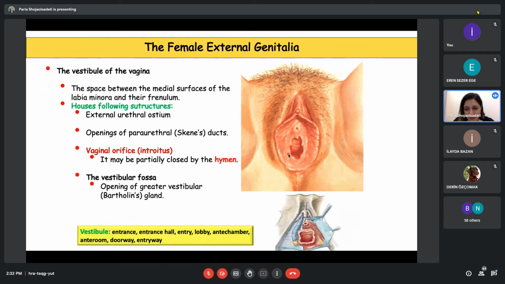The vestibular fossa is the site for the opening of the canal of the greater vestibular or Bartholin gland on both sides of the vaginal entrance.